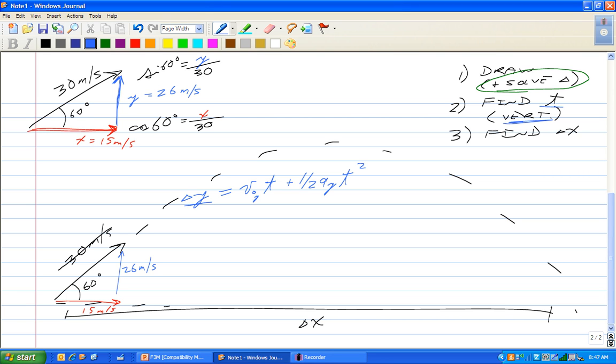The change in the vertical position of the ball. Where does it start? Here. And where does it end? So how much does the vertical position of the ball change during the path of the flight? 0. So delta y is 0. Now it's not always going to be 0, but in this case it is. Again, we'll complicate things as we go.